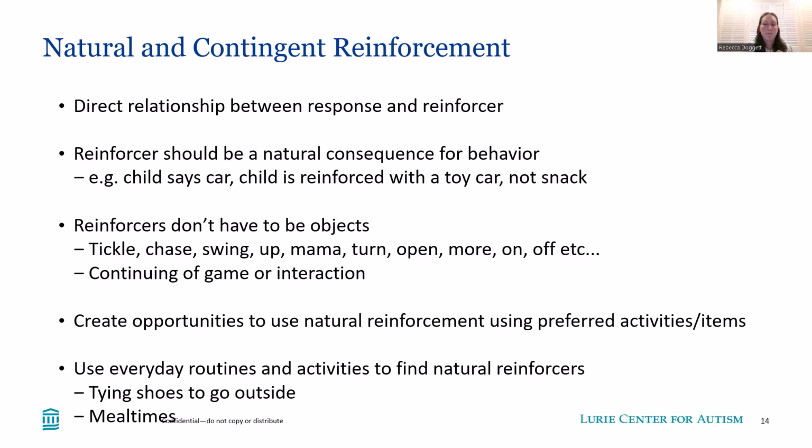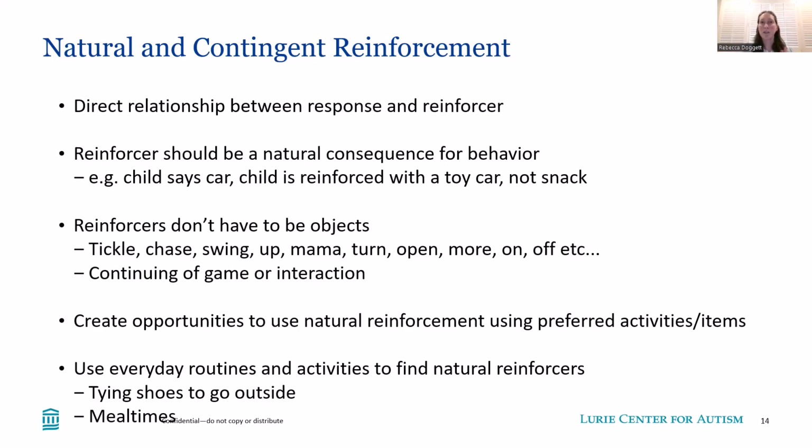So for example, they may have been taught to say words like "say car" or "say ball," and as a reward been given something completely unrelated, like a snack. And that doesn't help kids learn the language behind it. They're like, okay, I say ball, but I get a snack. That's confusing, right?